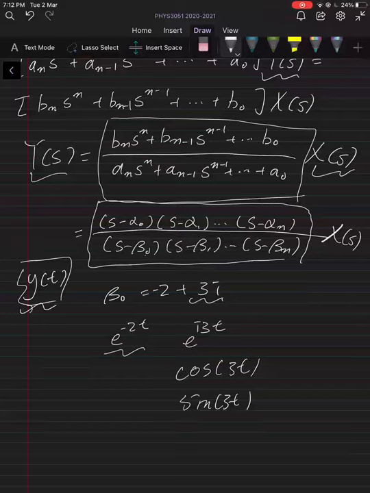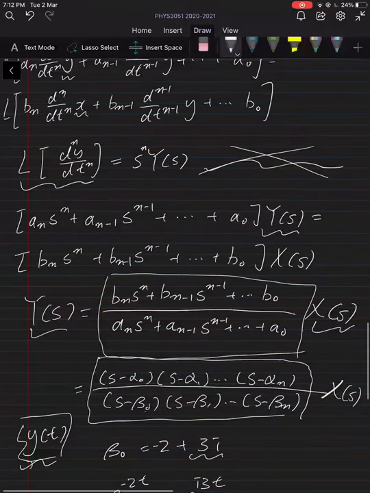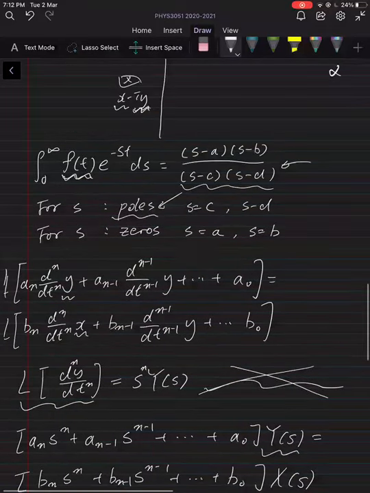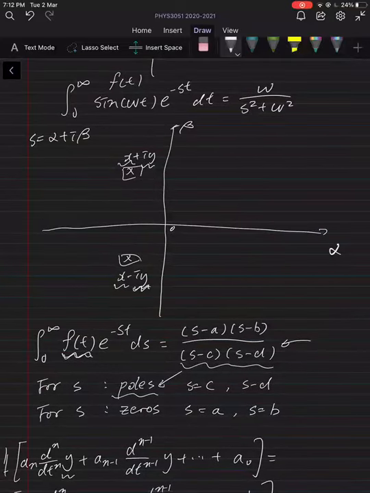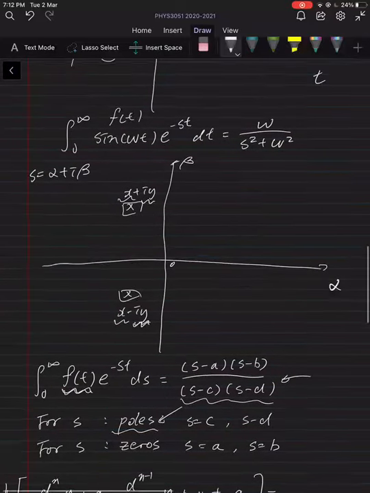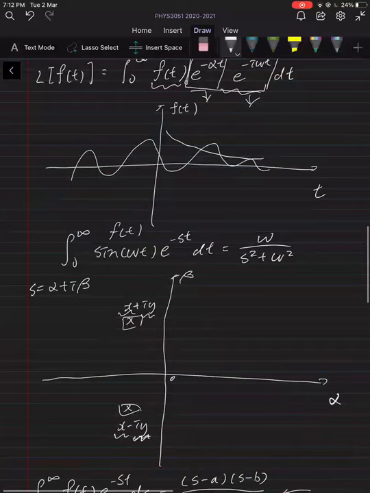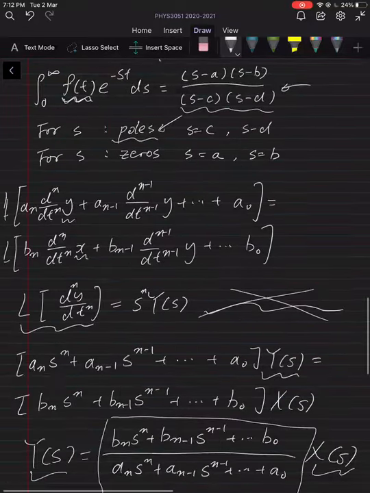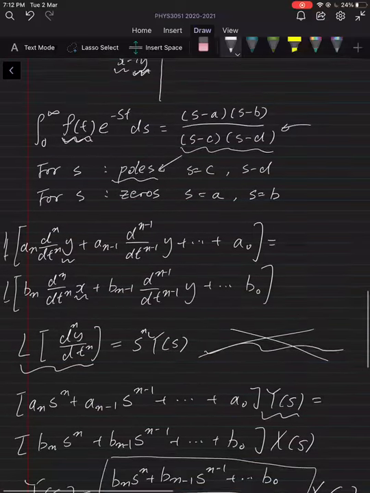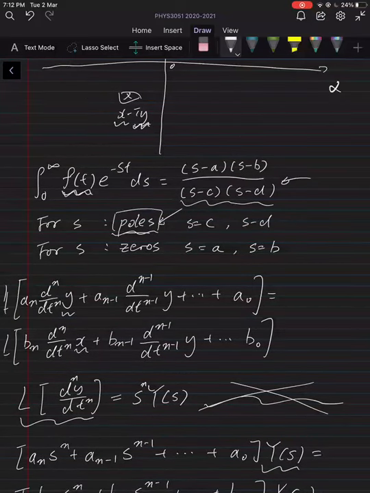So what I'm trying to say here is just to give you a bit more intuition about what the Laplace transform really tells you. The most informative part is the so-called poles, which tell you how much exponential decay component or oscillation component you have in your solution.